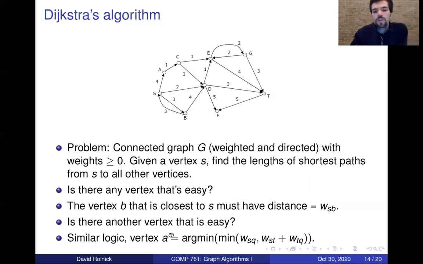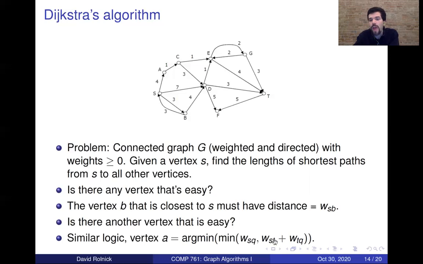So suppose that we take the vertex A that is the argmin over Q of the minimum of the direct length to Q. Sorry, I should have written argmin over Q. So this is the direct distance from S to a vertex Q. This is the distance if you go, I am very sorry, this should have been a B. So I made two mistakes here.